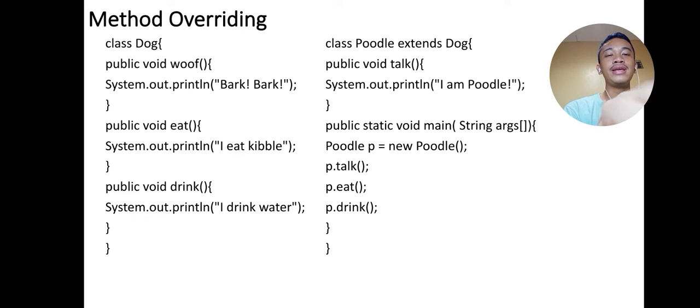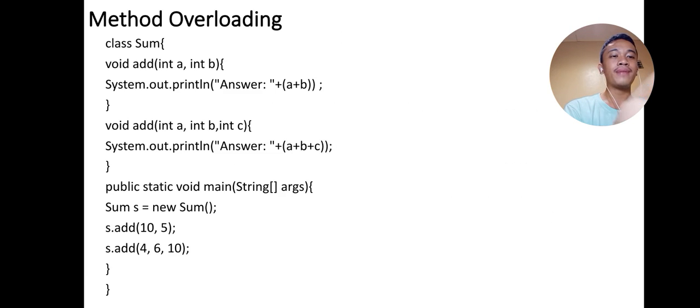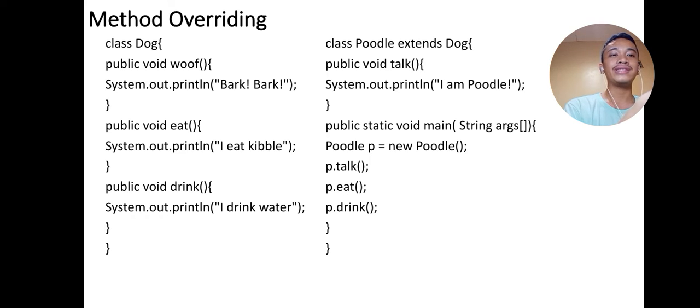So method overriding, the method name and parameters are the same. It is because of inheritance. So our class Poodle and class Dog have the same method name and parameters.